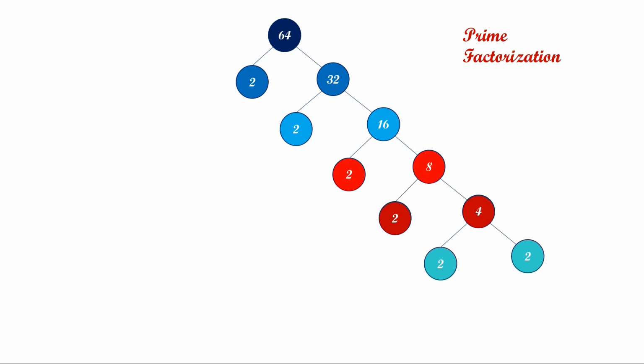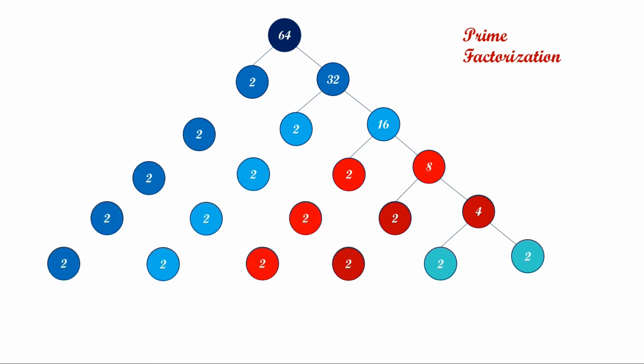Now all of these prime numbers that we left above, all the 2s, will be carried down as is. So in the last line, you can note there are 6 2's. You can say 2 into 2 into 2 into 2 into 2 into 2 are the prime factors of 64.